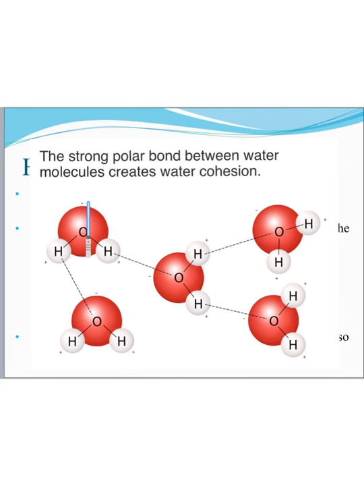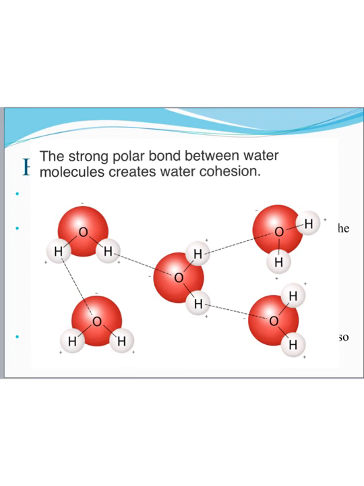The sodium will be dissociated by the negative side of the oxygen in water, pulling that sodium off. And the hydrogen will attract to the chlorine, which is a -1 oxidation state, and allows water to completely separate the sodium from the chlorine when you pour salt in water, for example.